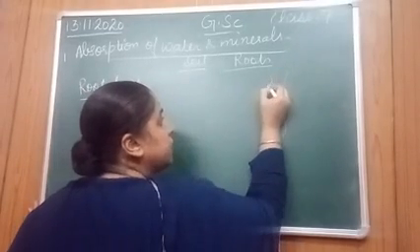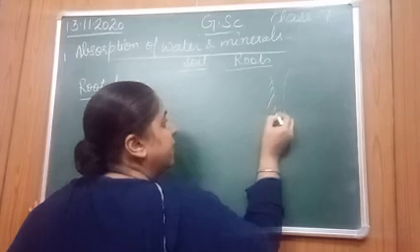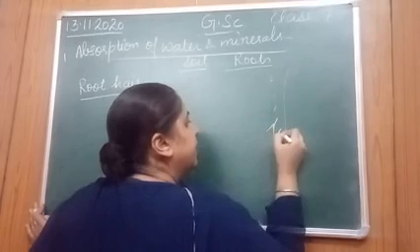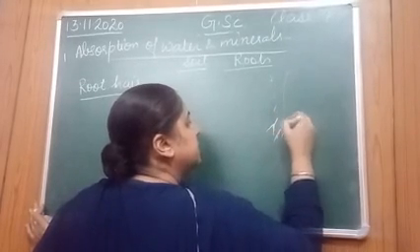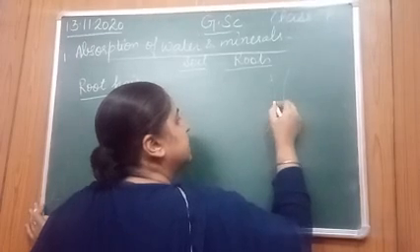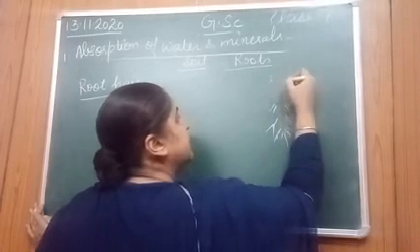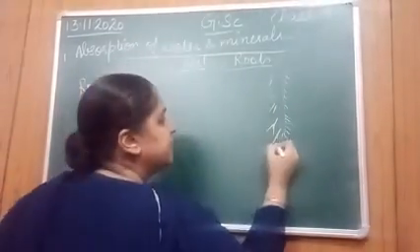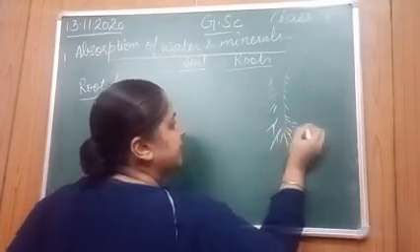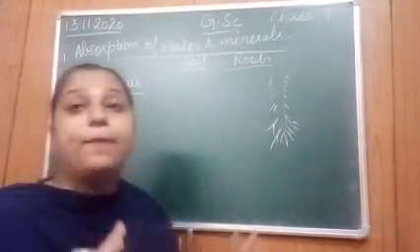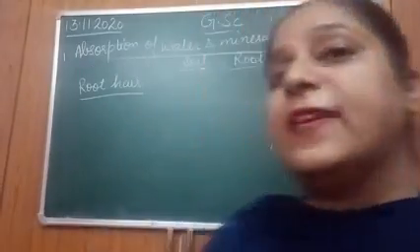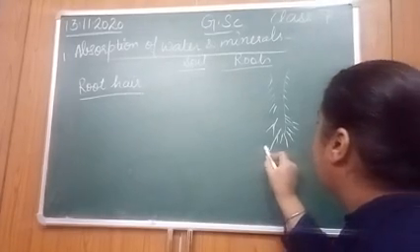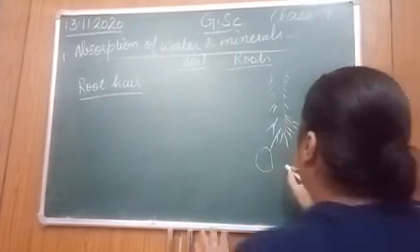Suppose this is a root. They have special structures called root hair. If you remember this, like this. These root hairs provide more surface area for absorption. They come in contact with the soil particles.